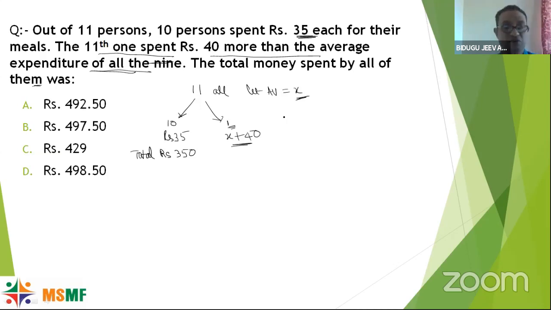Come on. How to calculate this one? Shall I wait for some time? So how to get total? Sum is equal to average into number of items.